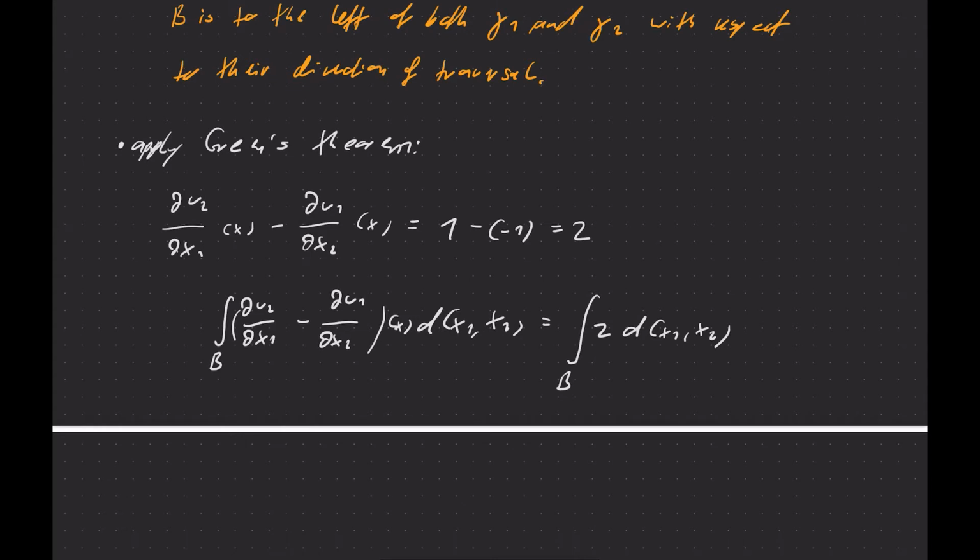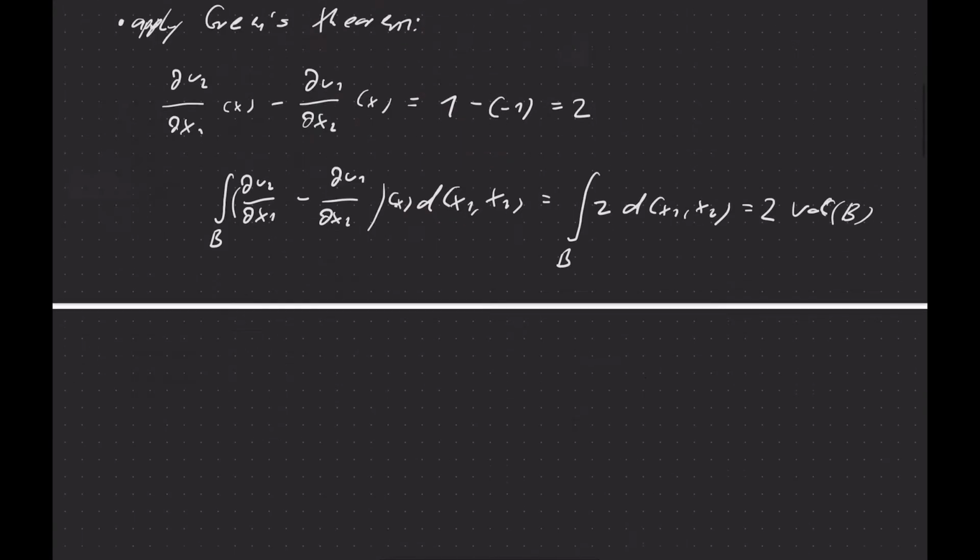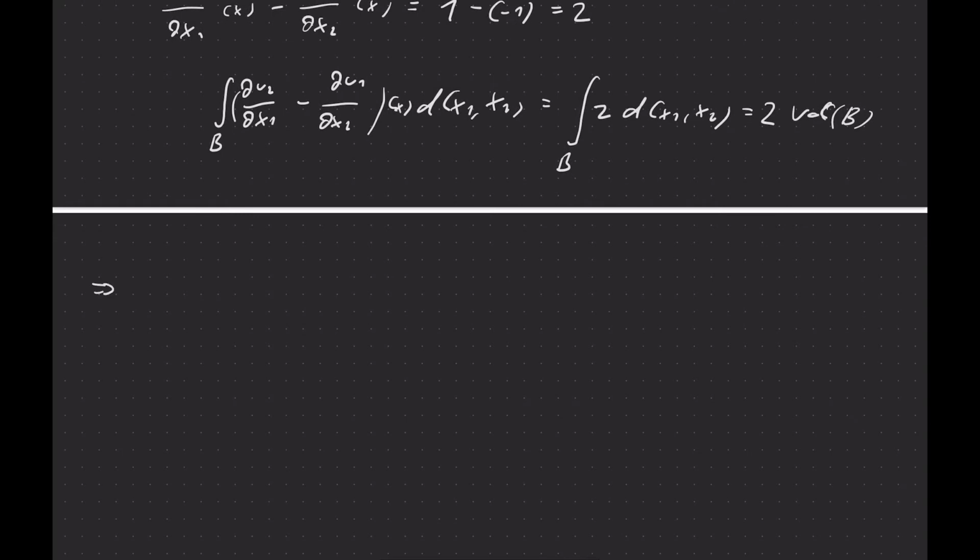And this integral is basically the volume of b, but with a factor of 2. So this is 2 times the volume of b. So we find a way to compute the volume of b here. And that should make it easy to verify the results, because of course you know what the volume of the half disk is, hopefully. Okay, so we're going to use that.